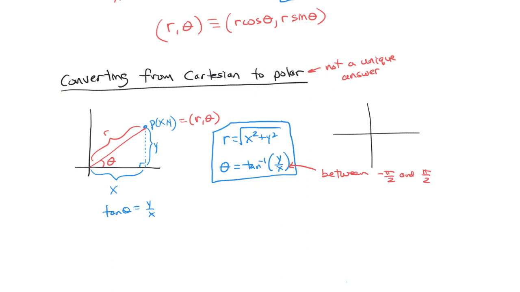So to fix that, just so you keep track of everything, when you're converting from Cartesian to polar, draw a picture of your point so you know what quadrant you're in.